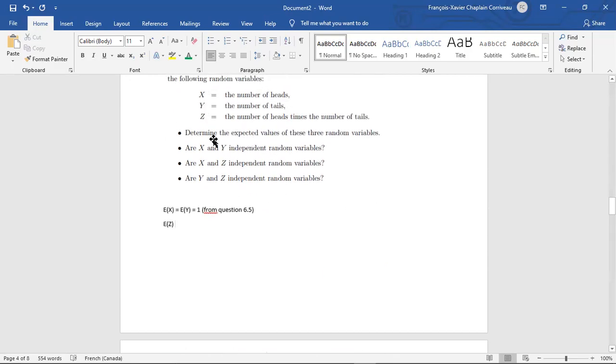If X had 4 different values and Y had 4 different values, that would be 16 different equalities, and in my opinion, that's too much to check in an exam.